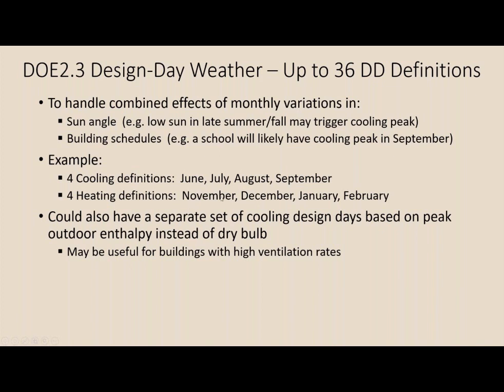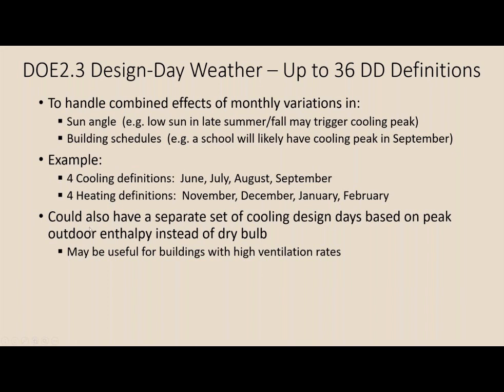And you might have 4 heating definitions: November, December, January, February. So that's a total of 8 out of the 36. You'd probably never get up to 36, but when we set it up, we decided to make it the max that anybody would ever want to do, hopefully.